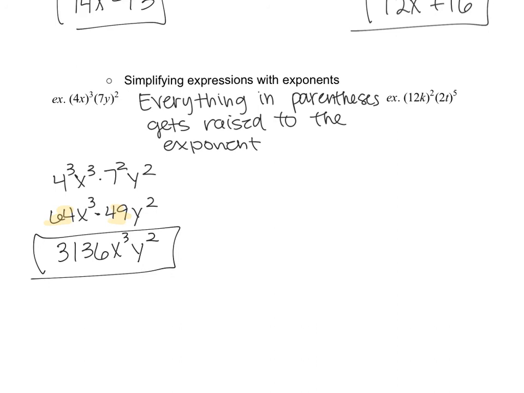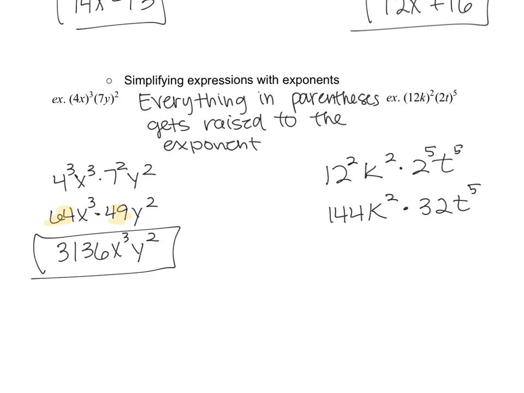We want to do the same thing for our last example. So (12k) squared times (2t) to the 5th. So we have 12 squared k squared times 2 to the 5th t to the 5th. 12 squared is 144, so 144k squared times, and then 2 to the 5th is 32 t to the 5th.